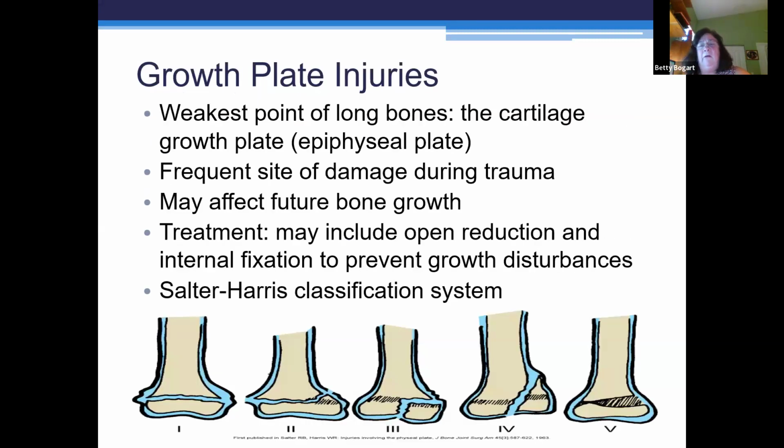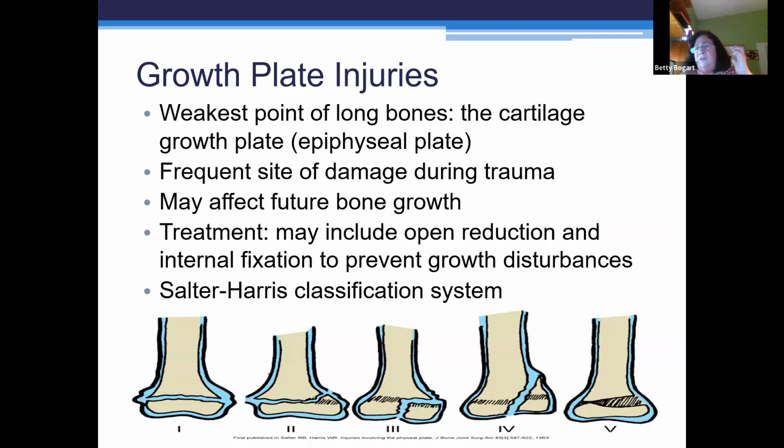Now, one of the areas that we really are concerned about with children and fractures is when it hits the growth plate. It's the end of the bone. And this is where the bone grows as you get taller. So, when we have a fracture of the growth plate, the treatment is surgery. We do an open reduction, internal fixation.